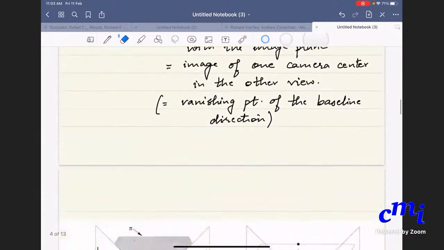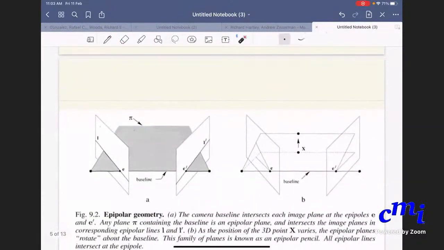Like in this image here, this is X, this is the baseline, and with respect to X, this is the plane that we are looking at. This is an epipolar plane, and it passes through the baseline. But now if your X moves from here to here, then your epipolar plane is this. If we define it as only the plane that passes through the baseline and don't put this restriction, then what we have is actually a family of planes.